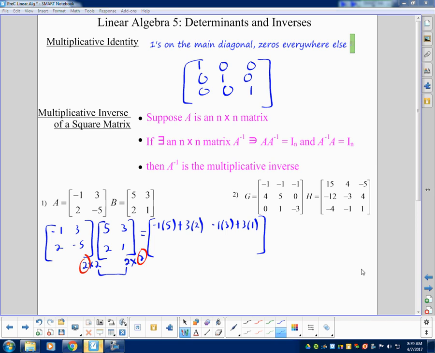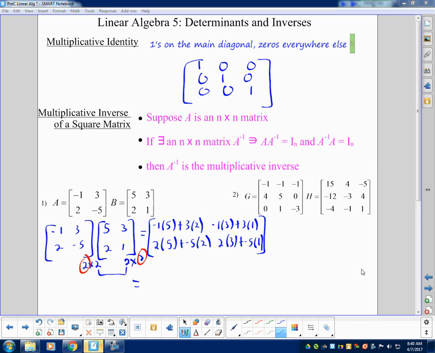So the next one, second row times first column, would be 2 times 5 plus -5 times 2. And as you look in the parentheses here, you should see matching elements if you've done it correctly. So that's a way to check. And then I have 2 times 3 plus -5 times 1.